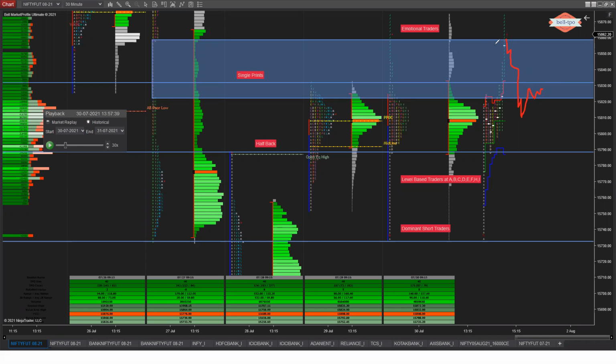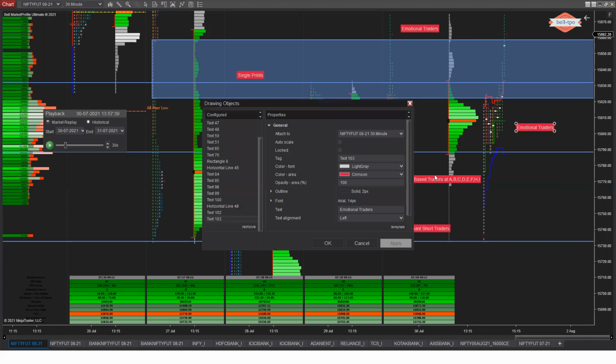They keep on coming in at multiple levels, A, B, C, D, E, F, G, H letters. All the letter lows are such visual information. So that clarifies only one thing here. We are dealing with emotional traders now, and we are also dealing with intraday momentum traders.